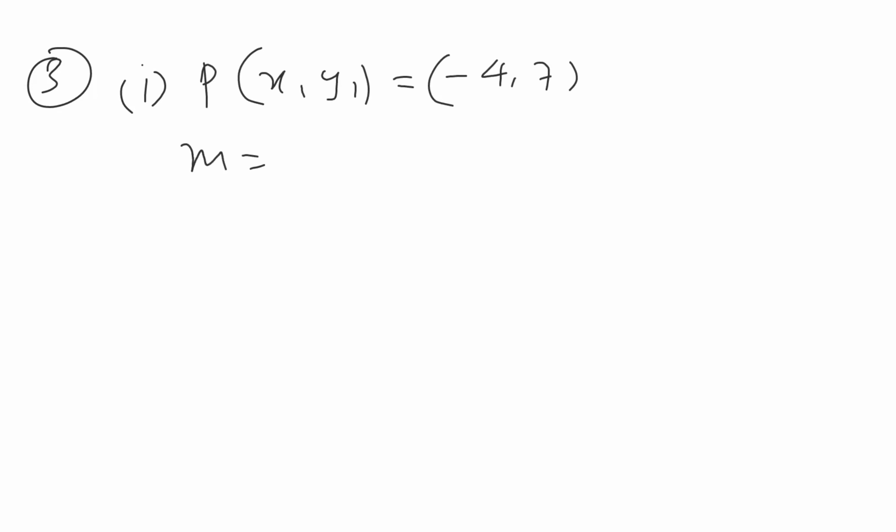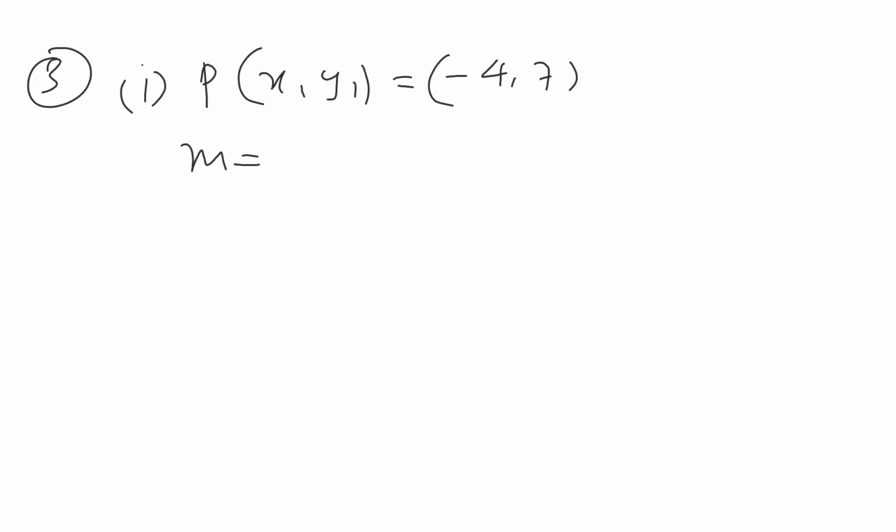Fine. So the straight line has a point on it, that is P. So P is nothing but x1, y1. It's the point on the straight line, minus 4 comma 7, right? And slope m. m is naturally the slope. They have not mentioned it anywhere, but then m is the slope.